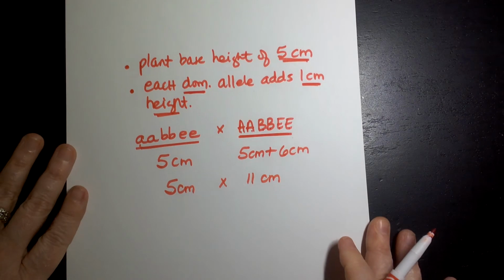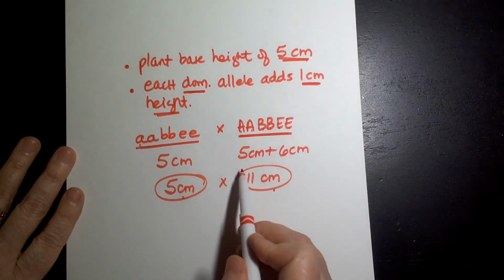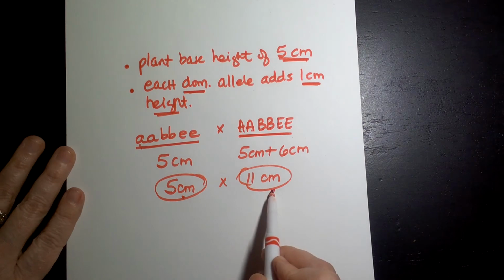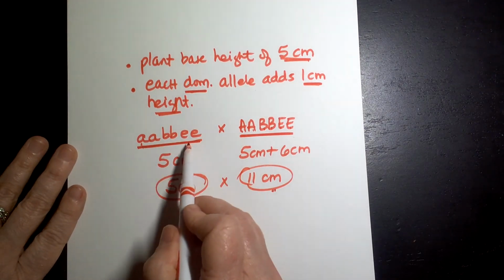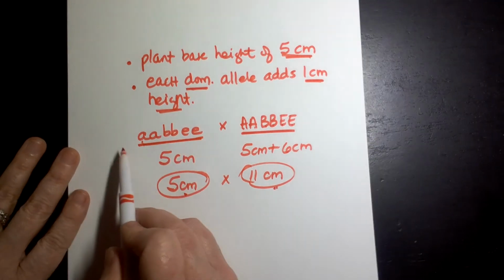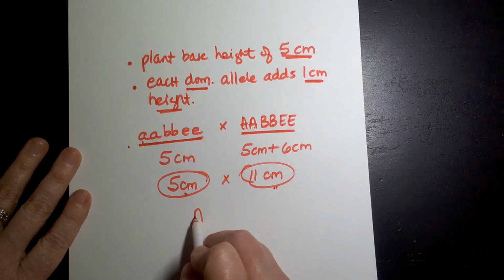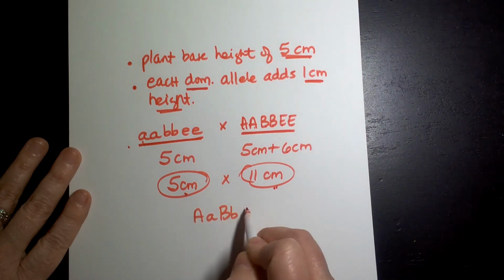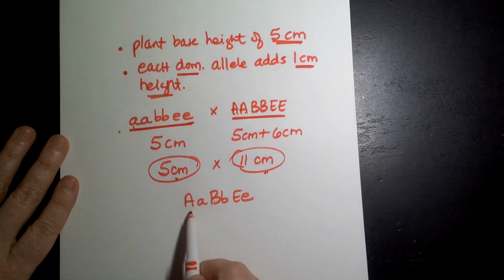Okay, now we're not doing math. This is their height. So that's a short plant and that's a tall plant. That's the shortest version and the tallest version. When you cross these two, this is like a P generation, pure recessive, pure dominant. So all the offspring will be heterozygous. Based on this cross, every single one of the offspring will be how tall?